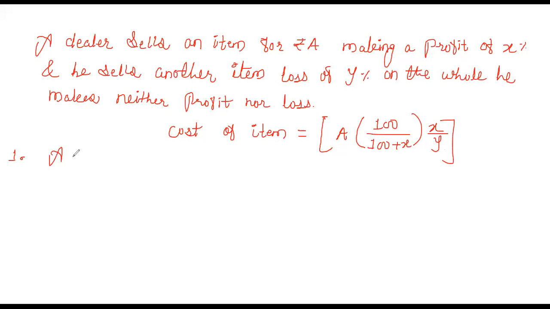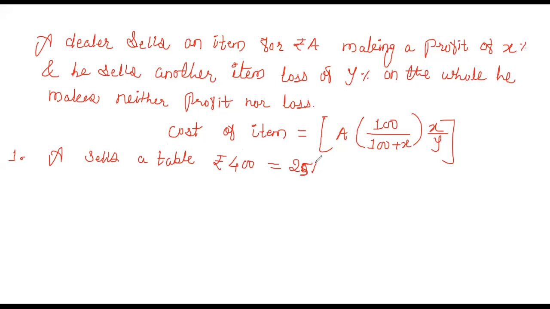A dealer sells a table for rupees 400, making a profit of 25%.